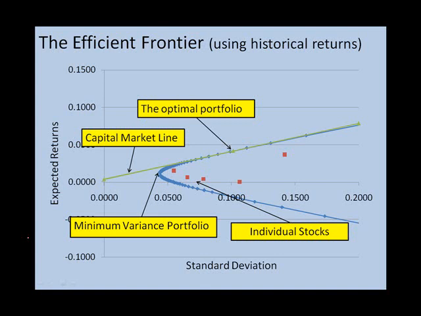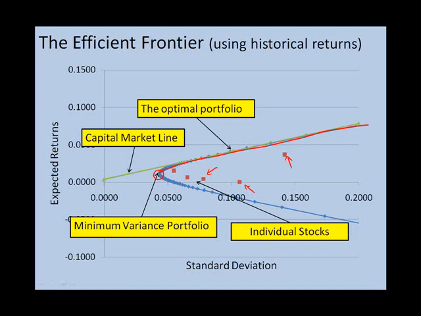This diagram looks very similar to the diagrams we've already seen with regards to modern portfolio theory. We have our feasible set, we've got our individual stocks that lie within the feasible set, we have the envelope of the feasible set, which is represented by the blue line, we have the minimum variance portfolio, and above the minimum variance portfolio we have our efficient frontier.